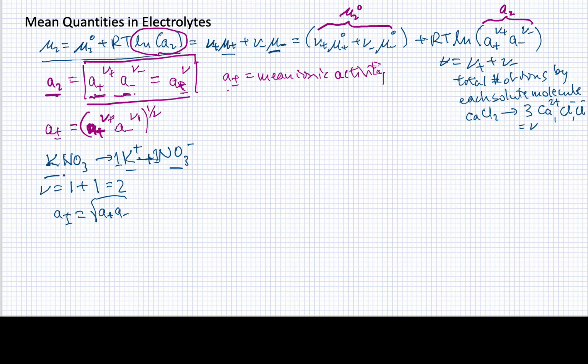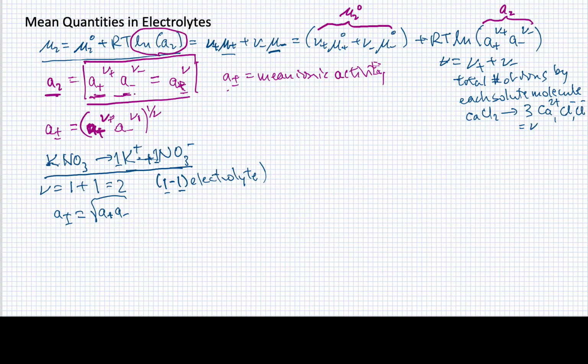We would say that potassium nitrate here is a 1,1 electrolyte. That is to say, it produces 2 ions that balance in charge. So it could be something like calcium oxide would be a 1,1 electrolyte as well. It would be CaO.